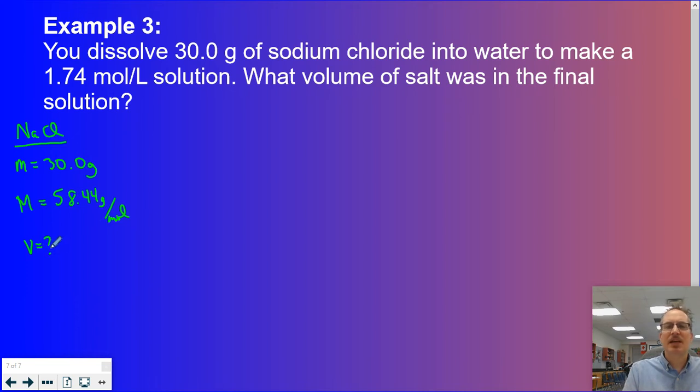And if I look, it says we are also making a solution with a concentration of 1.74 moles per liter. So looking here, I have enough information. I can find moles. So moles equals mass over molar mass. My mass is 30 grams divided by 58.44 grams per mole.